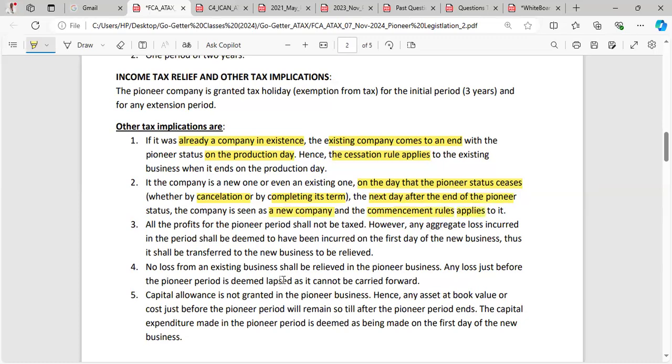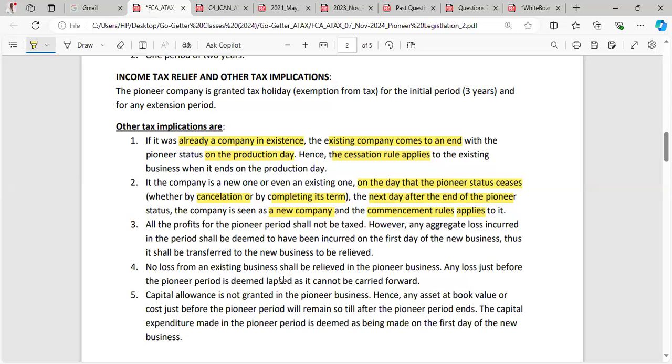So let's say the company is an existing company and it ends on a production date, because on the production day you're supposed to be certifying your company as a pioneer company from that date.